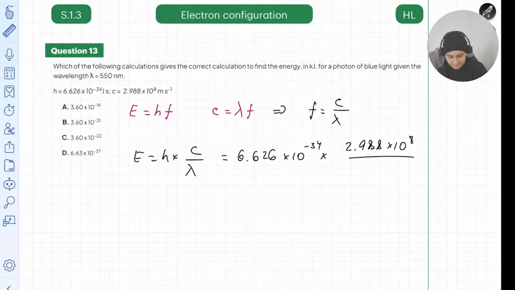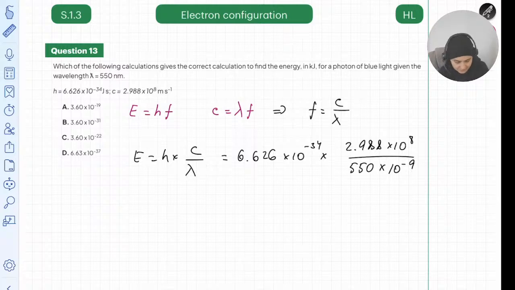Okay, and here comes the most common exam mistake. This is in nanometers and the units must be meters because the speed of light is in meters per second. So I need to convert it to meters, which, from nanometers to meters, you multiply by 10 to the negative 9.